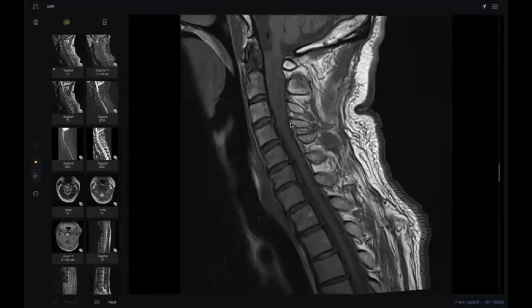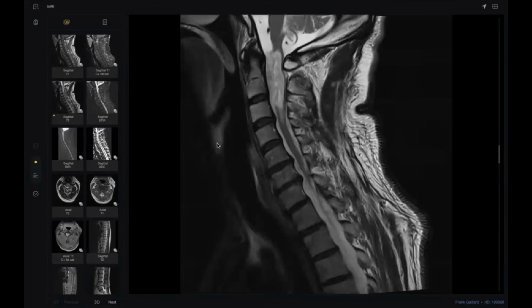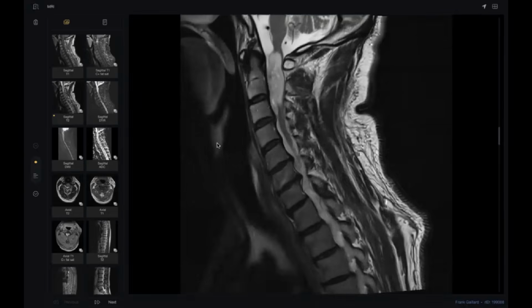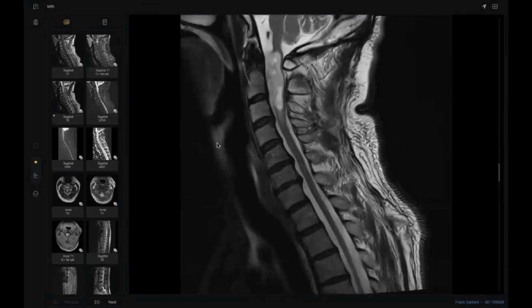I would like to check the other sequences: the T2, post-contrast and the axial. So on the T2, the lesion is heterogeneously hyperintense with intrinsic areas of increased intensity associated with adjacent abnormal high signal regions. I would like to check the post-contrast study, please.